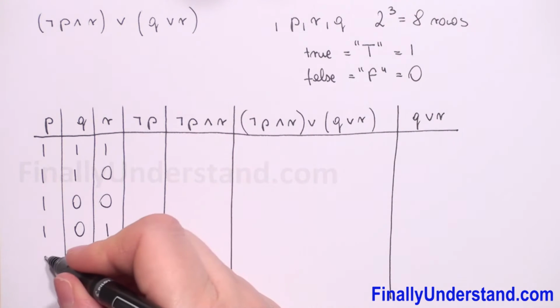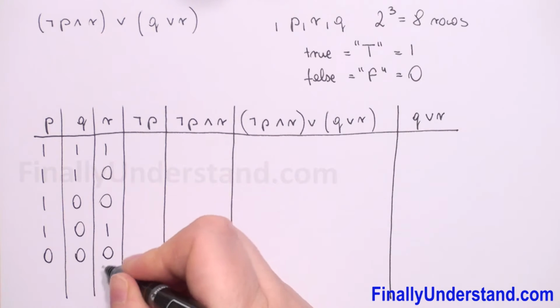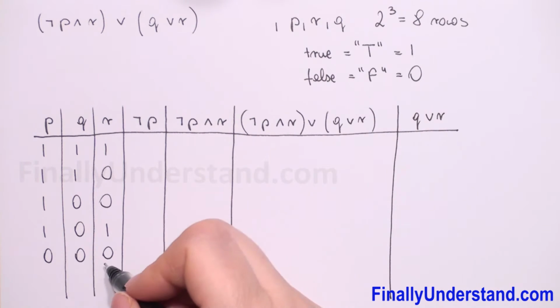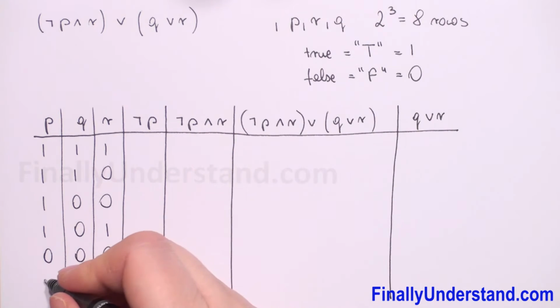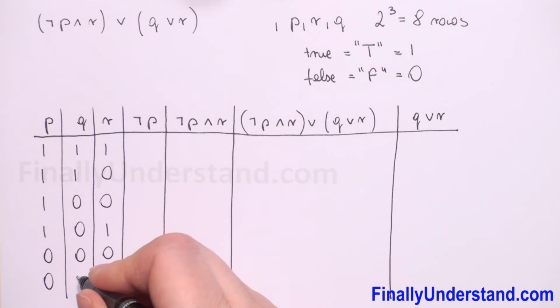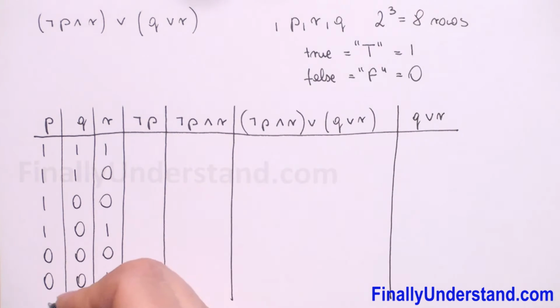Next we can put 0, 0, 0, so all 3 simple statements are false. Next will be 0, 0, 1, 0, 1, 1, and we will have 0, 1, 0.